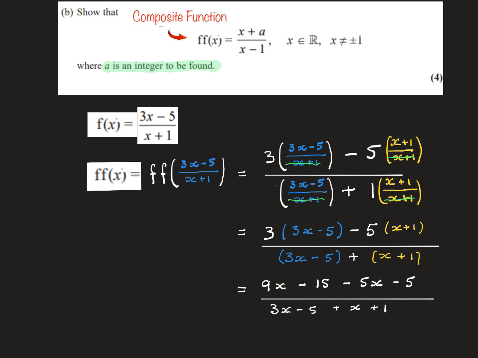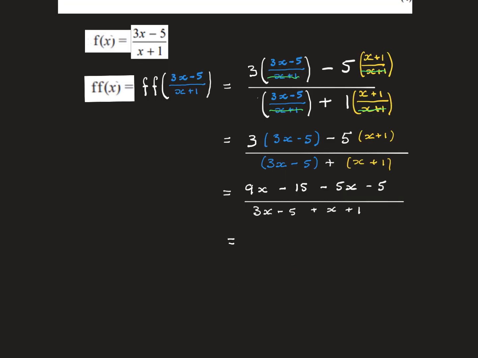Now it's easy just to get all the terms together. 9x minus 5x is 4x, minus 15 minus 5 is minus 20 over 4x, and minus 5 plus 1 is minus 4.